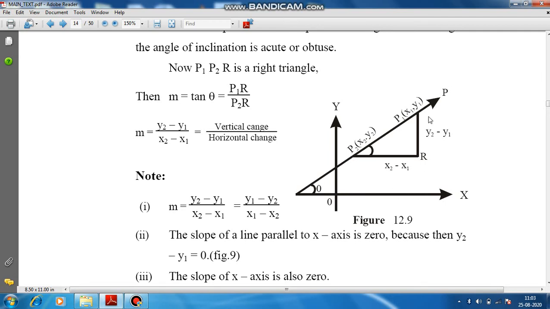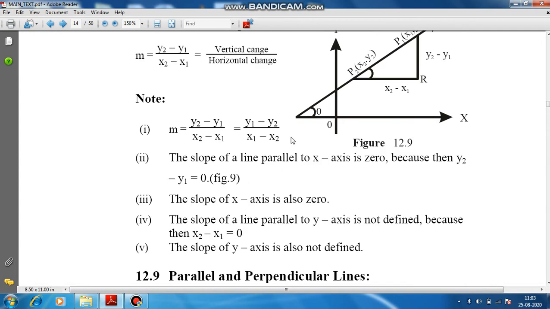The whole length is x1 and this length is x2. So it is x2 minus x1 or x1 minus x2. So this is the formula of slope, and it can also be said as the difference of y coordinates upon the difference of x coordinates.